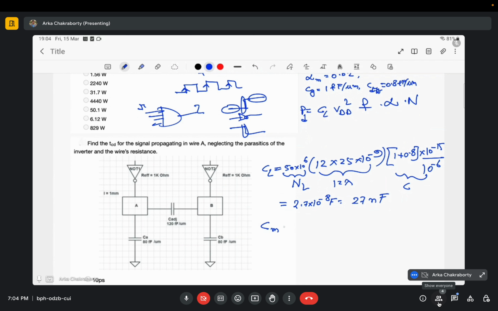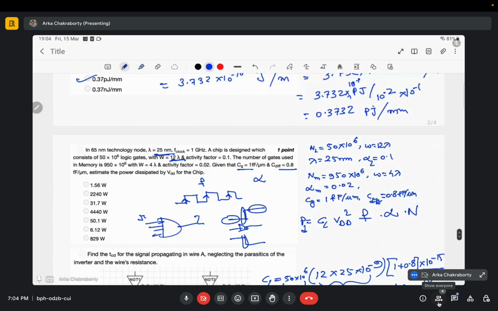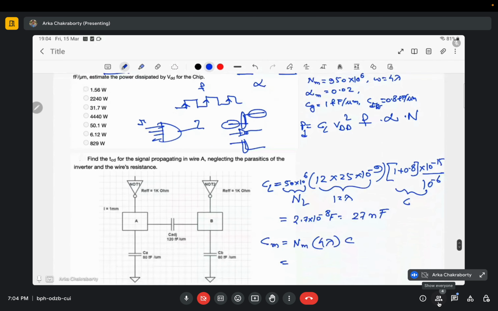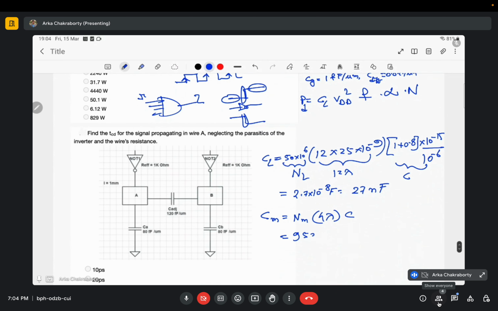Similarly, for the memory gate, the capacitance would come as N memory into 4 lambda into C. N memory is given as 950 into 10 to the power 6. 4 lambda is given as 25 nanometer.